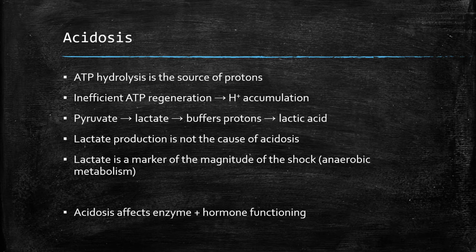If a patient has a pH less than 7.2, then enzyme systems stop working well, and hormones like catecholamines don't function either. A pH below 7.0 for any degree of time is incompatible with life.